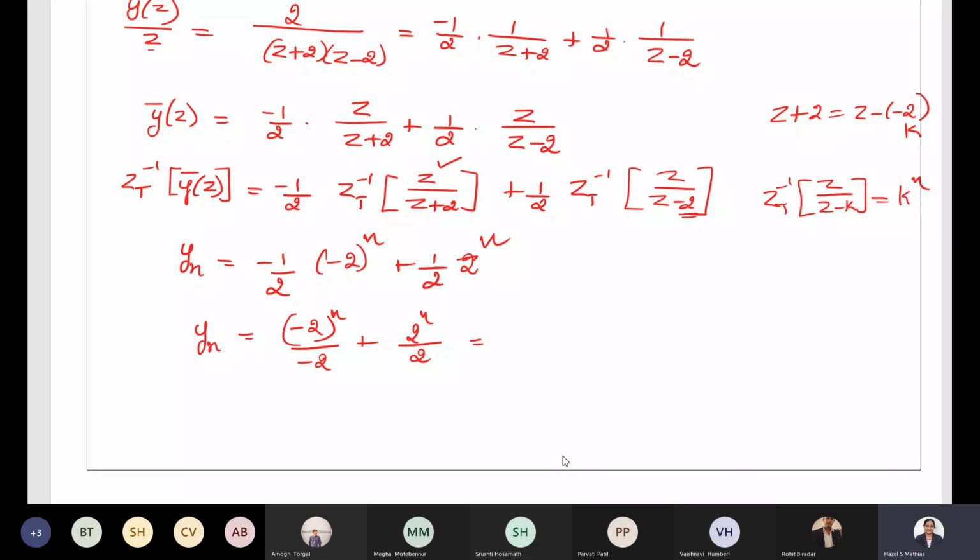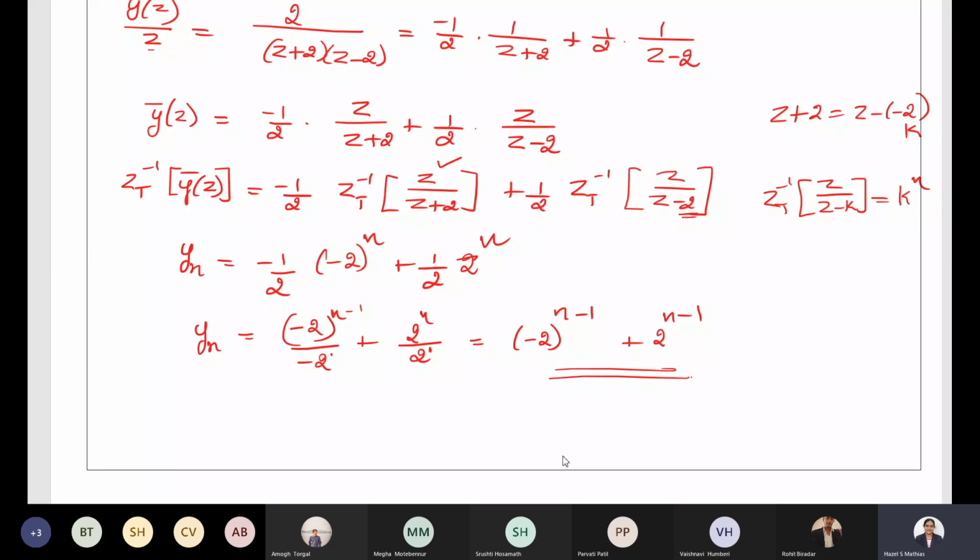So (minus 2) power n by minus 2 can be written as (minus 2) power n minus 1. Similarly, this one also we can write as 2 power n minus 1. Minus 2 divided by minus 2 will be (minus 2) power 1. So when you take it to the numerator, it will be minus 1. Similarly over here, 2 power 1, when you take it to the numerator, it will be 2 power minus 1. So it is 2 power n minus 1.